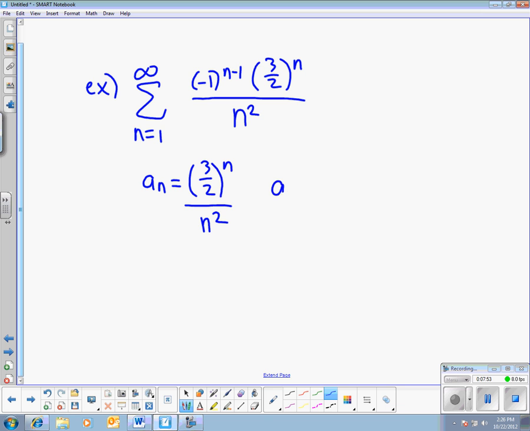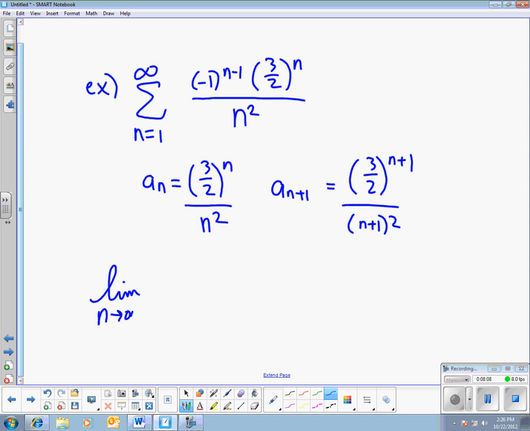A sub n plus 1 is just this same thing, except all our n's are now n plus 1s. So here's my limit. And notice, I've left out the negative 1 to the n minus 1. This is an alternating series, but part of your limit is a big set of absolute values, which means all the terms are positive, so it doesn't matter if it's alternating or not.